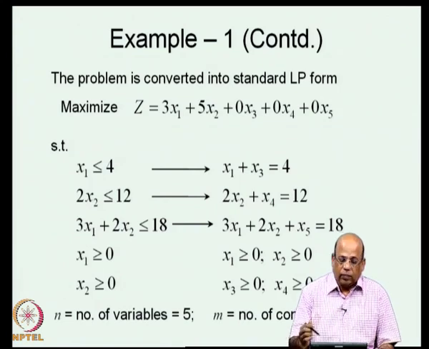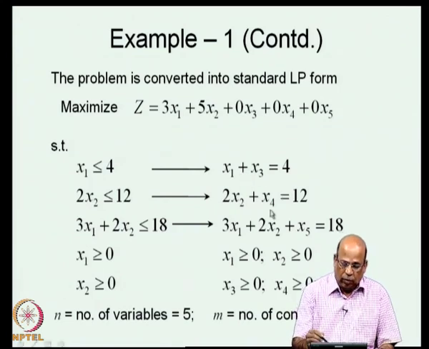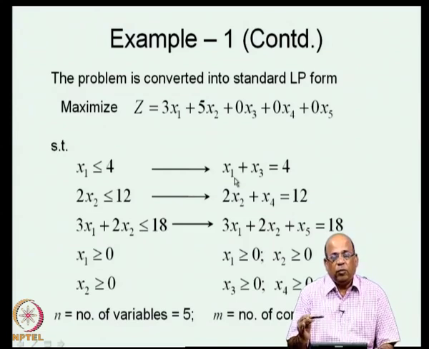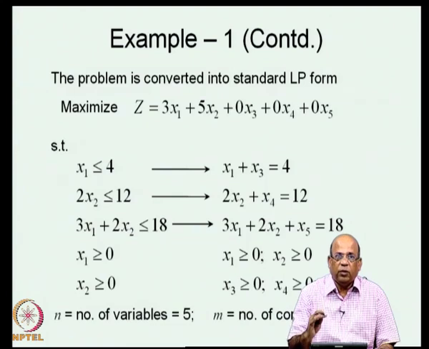As I mentioned, when you have typically one slack variable associated with each of the constraints, you set the original variables x 1 and x 2 to be 0. So, we obtain the initial basic feasible solution in most of the cases by setting the original variables to 0.